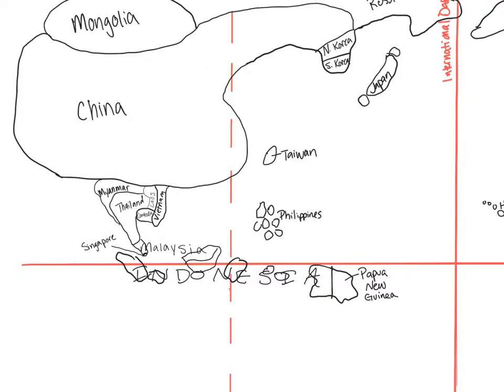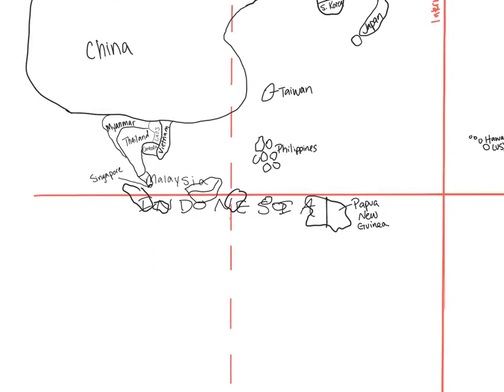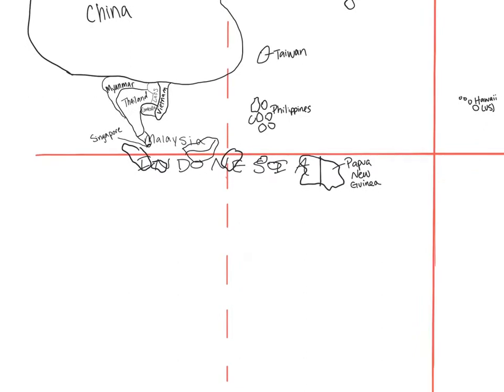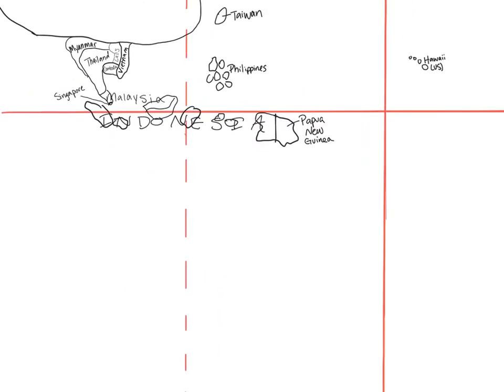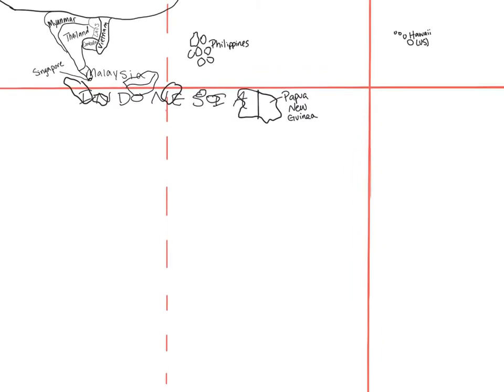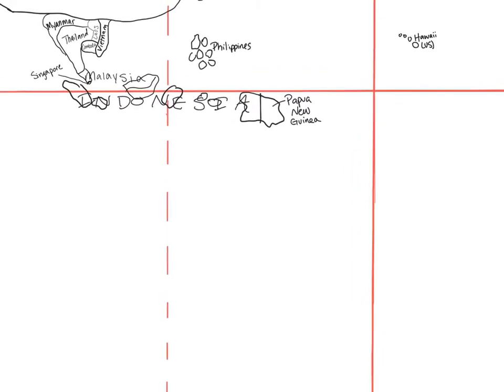The last part we have to draw is Oceania, and so this is going to include Australia, New Zealand, and some island chains. Don't worry, we're not going to draw all of the little bitty islands, but we are going to draw kind of where they belong. So in our bottom part of our map, Australia, the tip of Australia is going to come pretty close to Papua New Guinea and that island that we just drew.